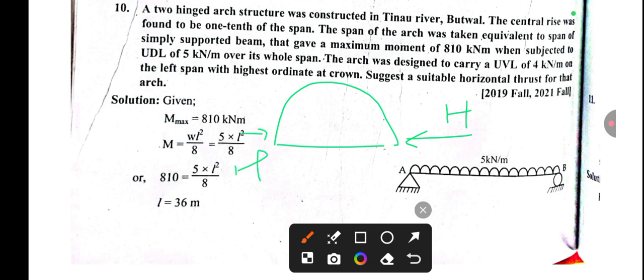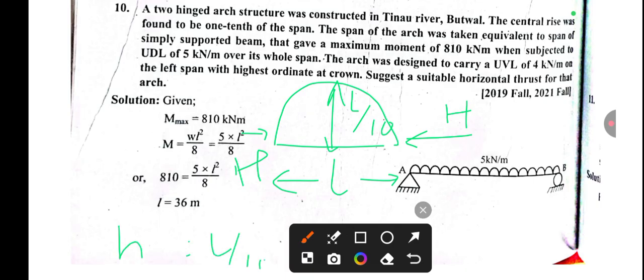In the given question it is said the center rise was found to be 1/10 of the span. If the length of the span is L, suppose here to here is L, then this central height will be 1/10, it means L upon 10. So H will be L upon 10, according to the question, and L is the length of this span.